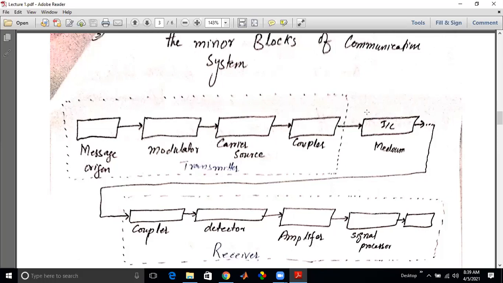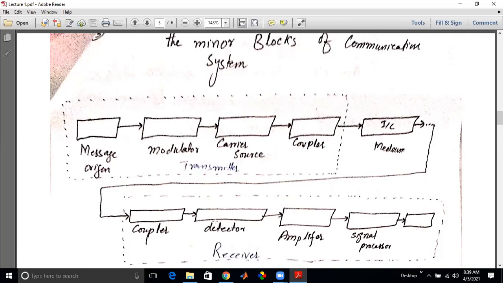There will be a transmitting antenna, and this antenna will transmit the message, which will move toward the receiver. The receiver will have a coupler, which will receive the signal from the information channel. In the case of wireless, this will be an antenna; in the case of optical fiber, there will be another device.